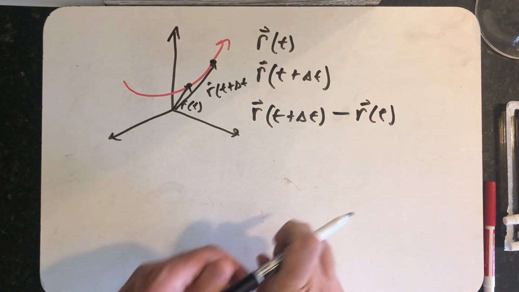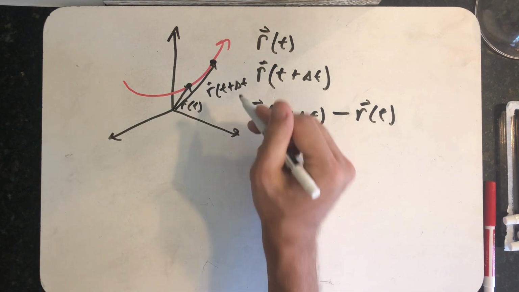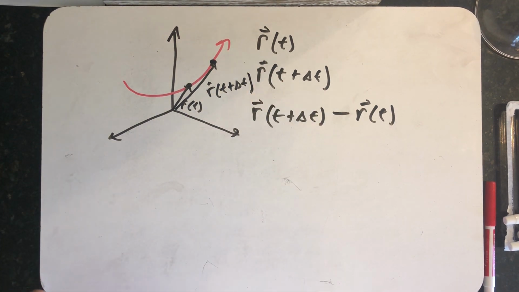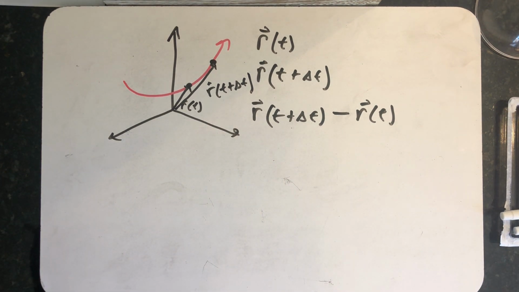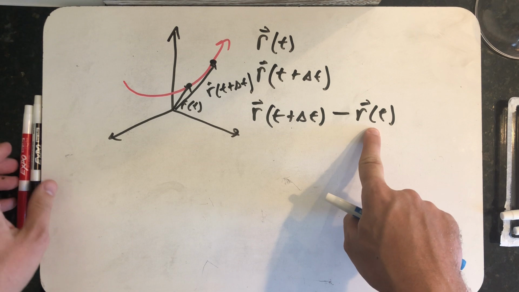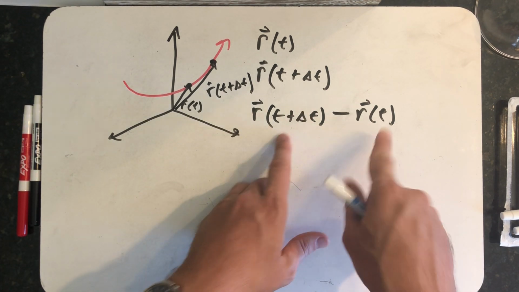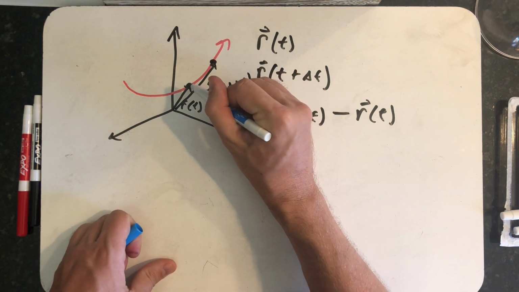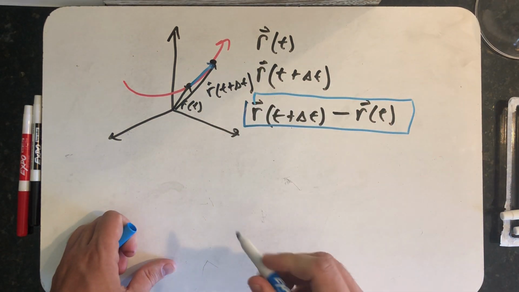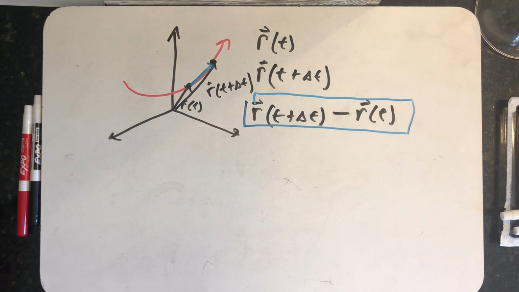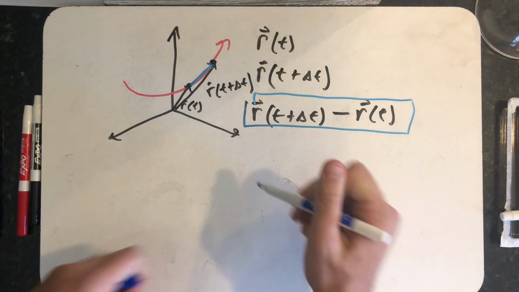And now I need to think about the difference between r of t plus delta t and r of t. Well, I could think about my parallelogram law, right? And the parallelogram law says that this difference should point from the terminal point of this vector to the terminal point of that vector. So that's my difference vector. Okay, so now in thinking about the difference quotient, I'm supposed to take that vector and divide it by delta t.